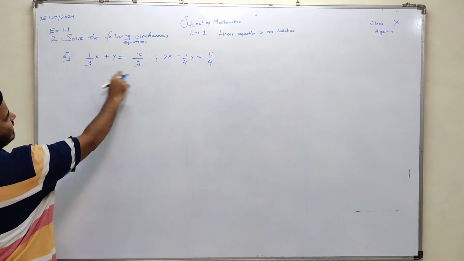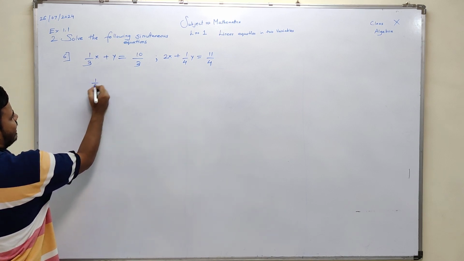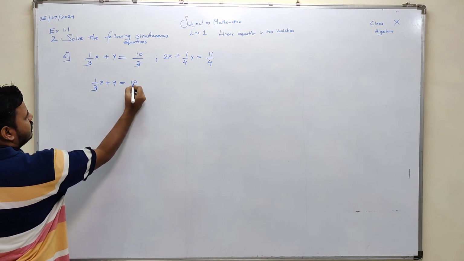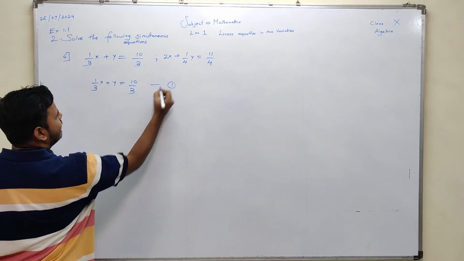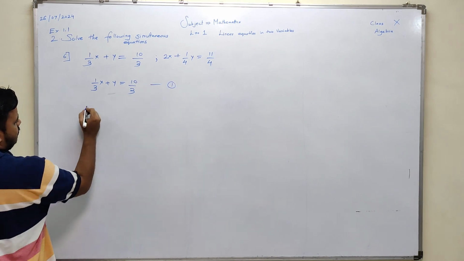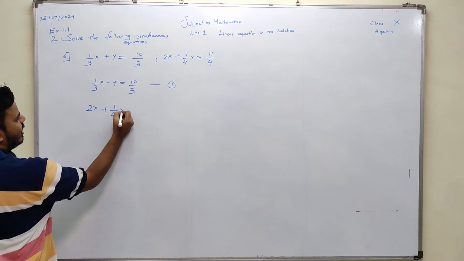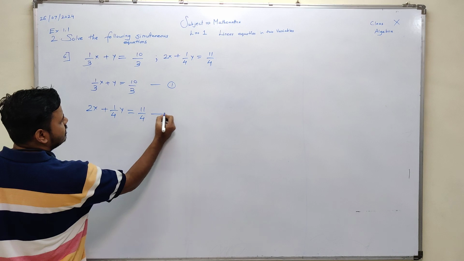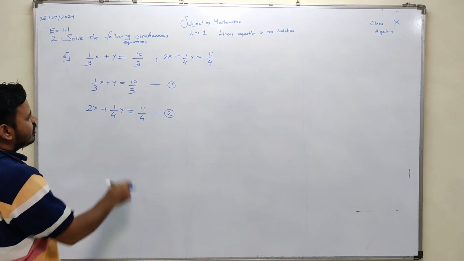So first of all, we will write down this equation as it is. 1 upon 3x plus y is equal to 10 upon 3. This will be our equation 1. 2x plus 1 upon 4y is equal to 11 upon 4. This will be our equation 2. Now look here carefully.